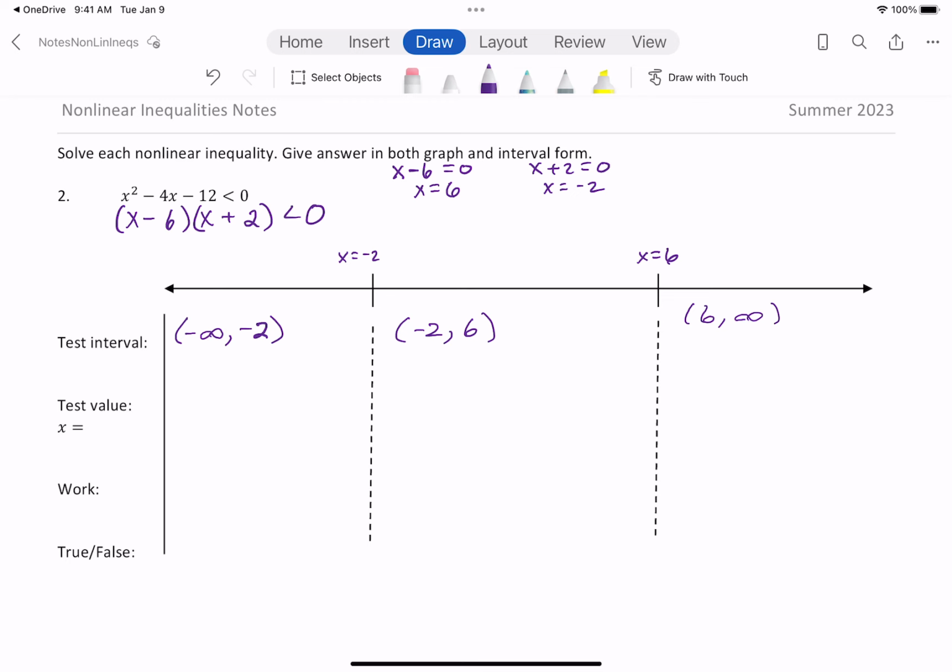So we just need to choose a test value in each one of these regions. First we need any number that is to the left of -2. I chose -4. But again, you can choose any number, -3, -10, -70, whatever you want. And then you can put it into the original.